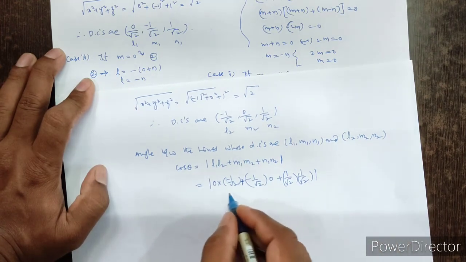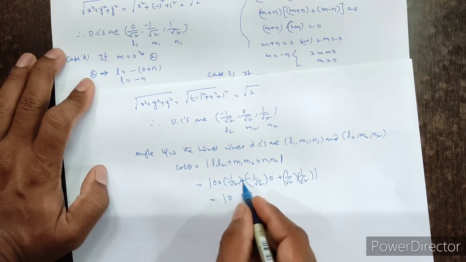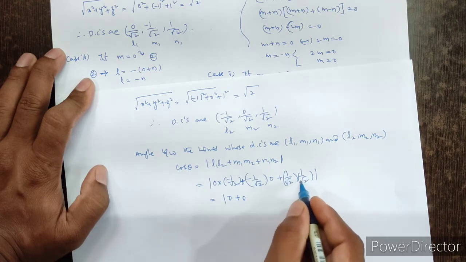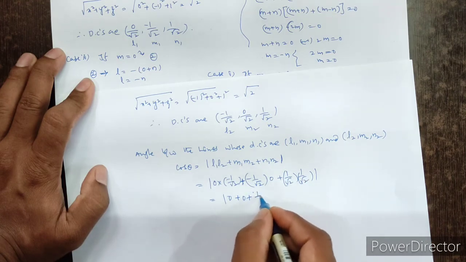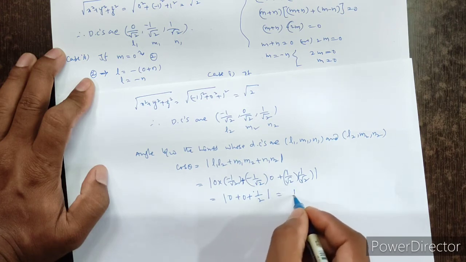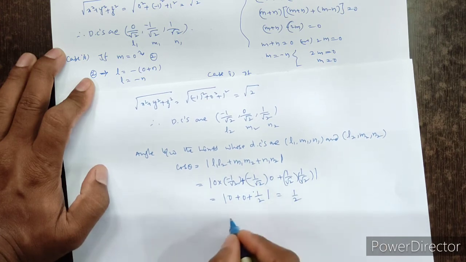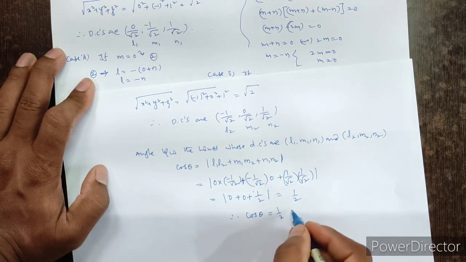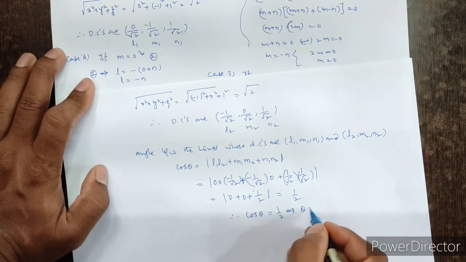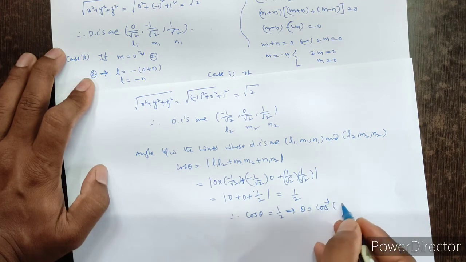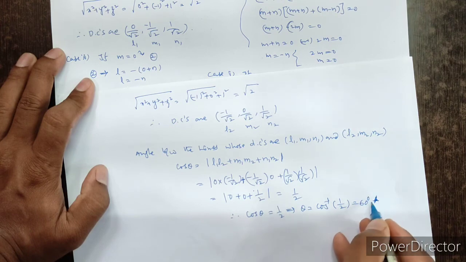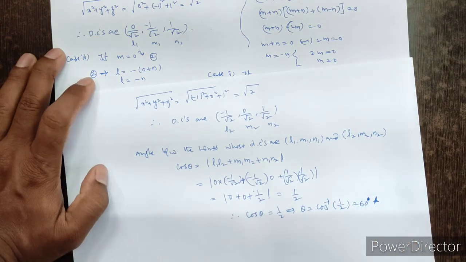So 0 into something is 0, plus something into 0 is also 0. 1 by root 2 into 1 by root 2 equal to 1 by root 2 whole square, that is 1 by 2. Therefore cos theta equal to 1 by 2. Then theta equal to cos inverse of 1 by 2, that is 60 degrees.